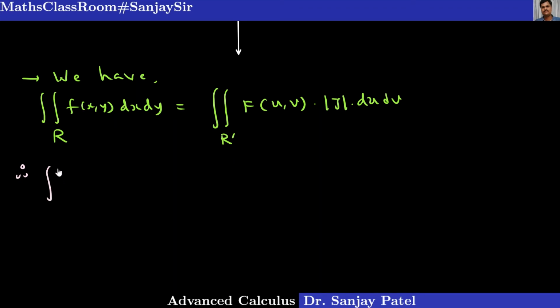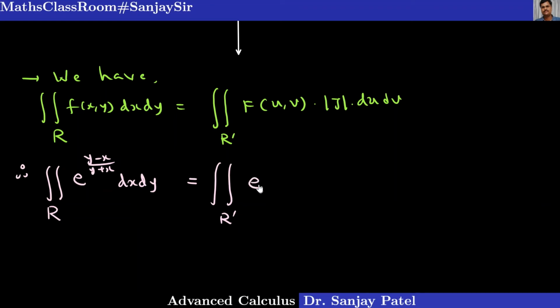the given double integral e raised to y minus x upon y plus x dx dy over the original triangle is equal to the double integral over the new triangle R dash in the uv system. We have taken y minus x is equal to u and y plus x is equal to v.